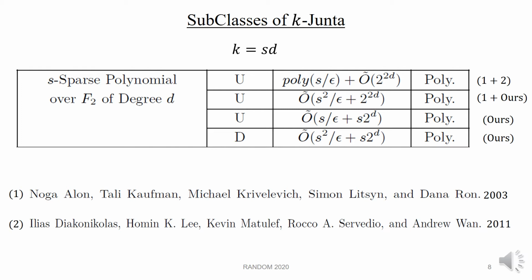Again, those classes are subsets of k-juntas. For example, for this class, the number of variables in each such function is at most S·D. So in this case, k equals S·D, and this class is a subset of SD-juntas.